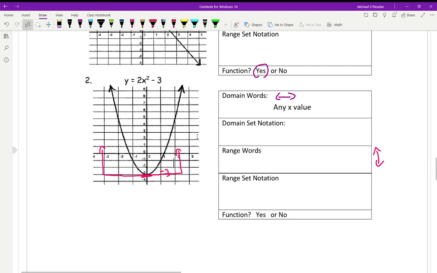So in terms of range, I could say any number larger than -3, because that's the lowest it goes.